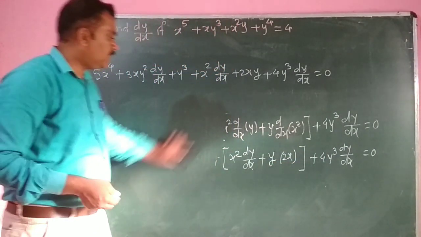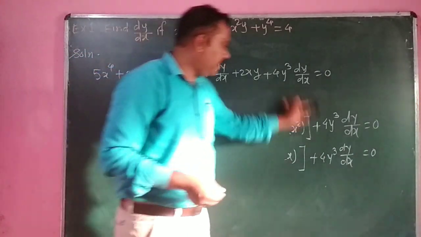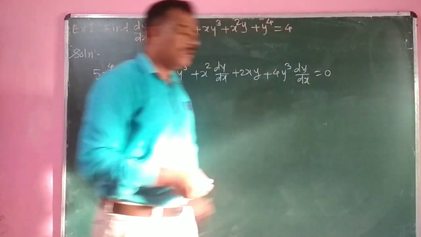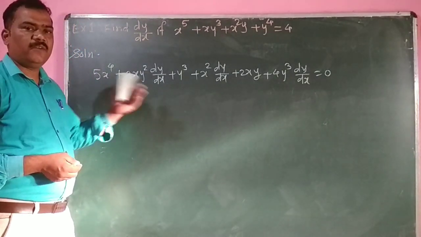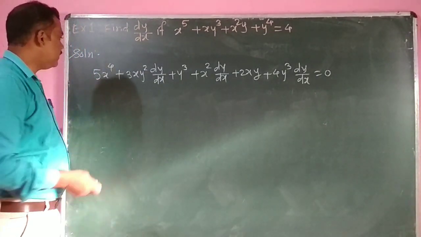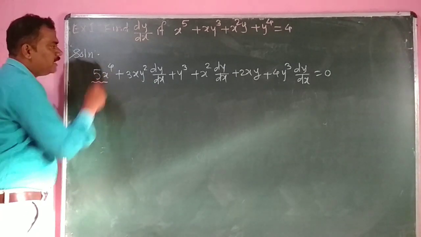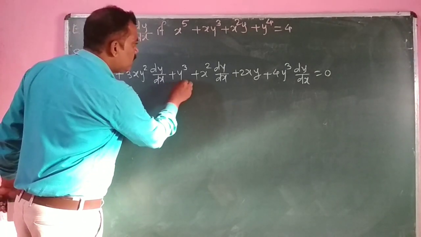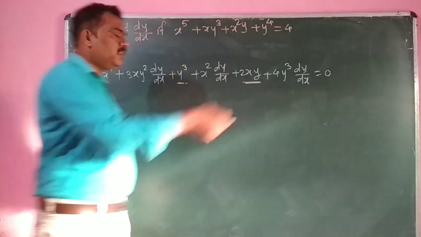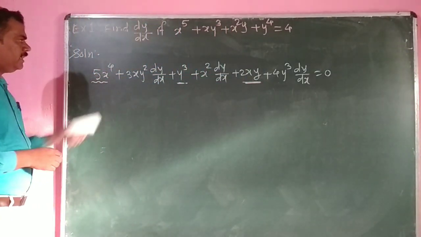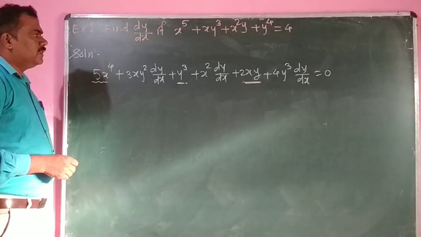Now we have to collect the terms which contain the dy by dx. That is, we have to keep the terms which contain the dy by dx on the LHS and non-dy by dx terms on the RHS. The non-dy by dx terms, this one and this one, you have to take on the other side and dy by dx terms on the LHS.